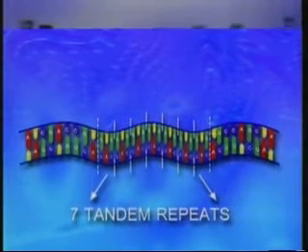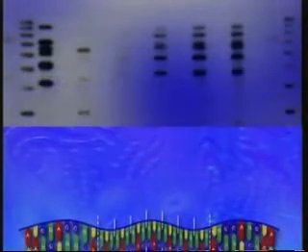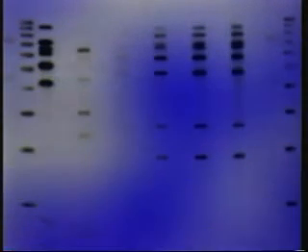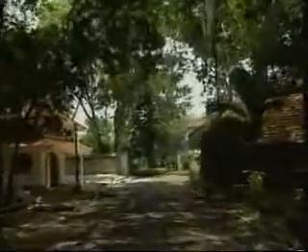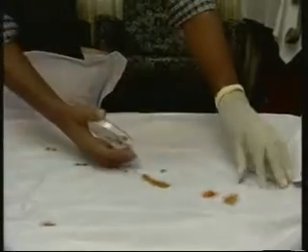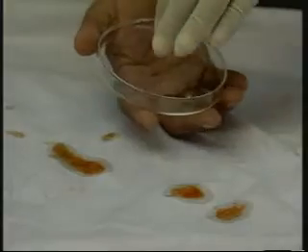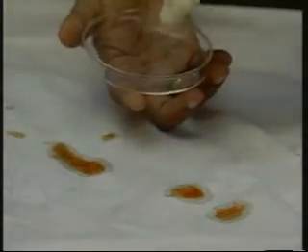The presence of such tandem repeats have helped molecular biologists develop DNA fingerprints which resemble barcodes. DNA fingerprints are unique. Hence, these are being increasingly used in solving cases of child swapping, homicide, and extramarital relations.